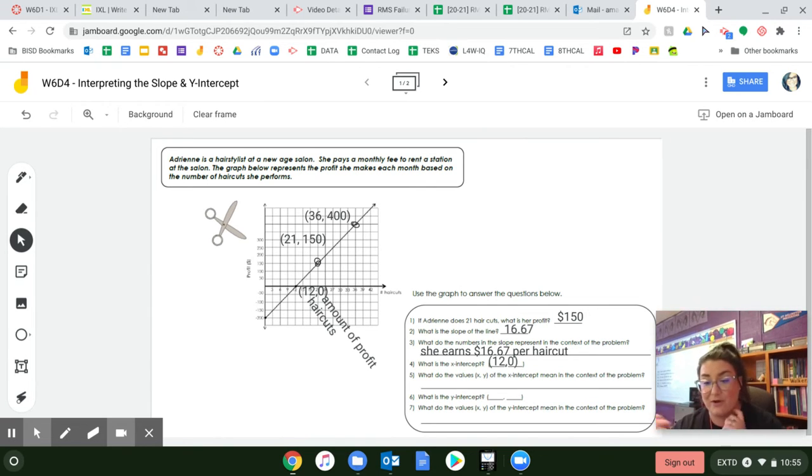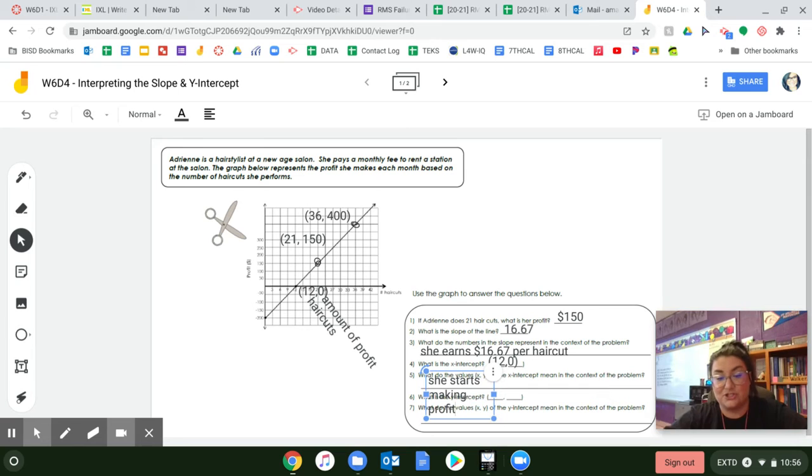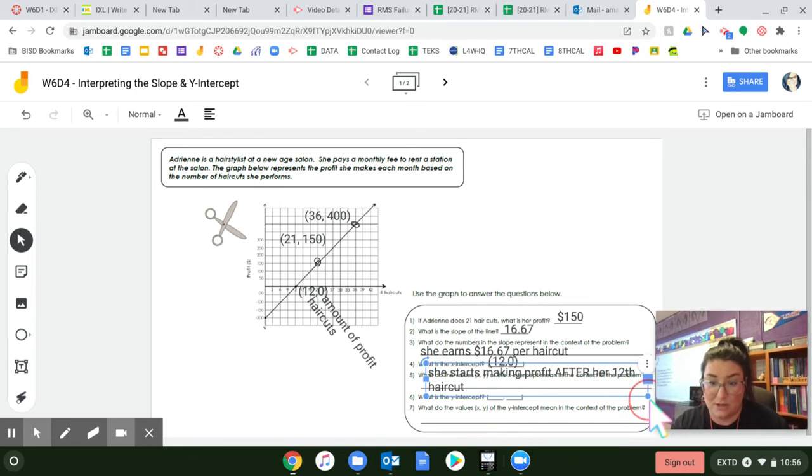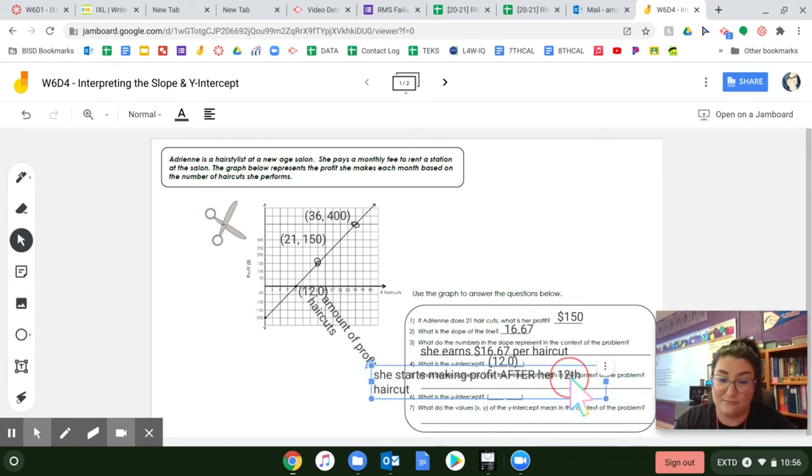So you're paying for all of those things before you're actually making profit. So I'm going to say here that the x-intercept 12, 0 represents that she starts making profit after her 12th haircut. Because at 12, she still has made 0, right? She starts making profit after that.